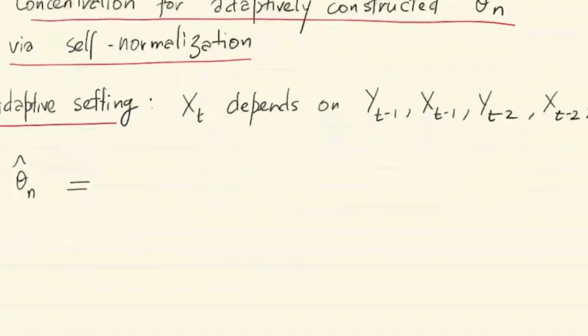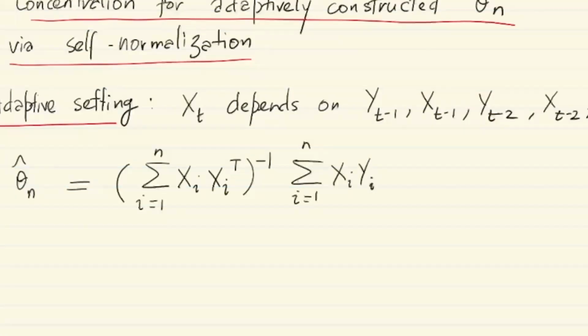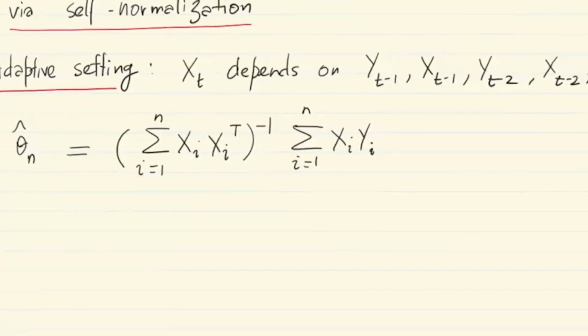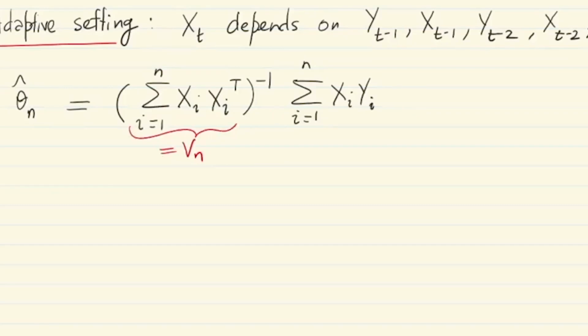So let's start by rewriting theta hat n in a slightly different form. Recall that theta hat n was defined as the inverse of the summation from i equal to 1 to n of xi xi transpose, times the sum of xi yi. Note that the xi's are now in capital letters because they can be random in the adaptive setting. We'll still call this Vn.